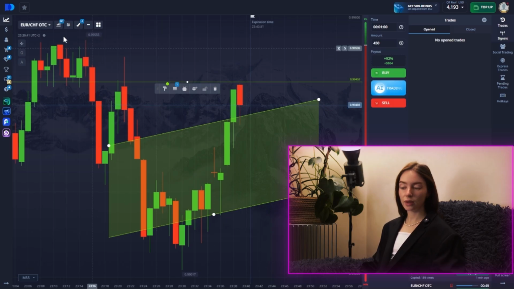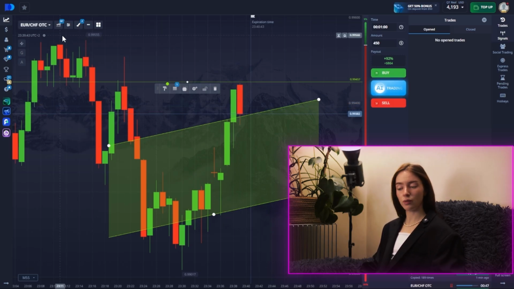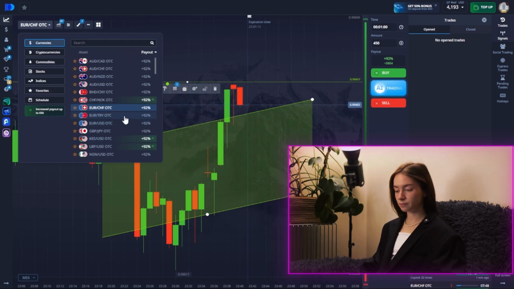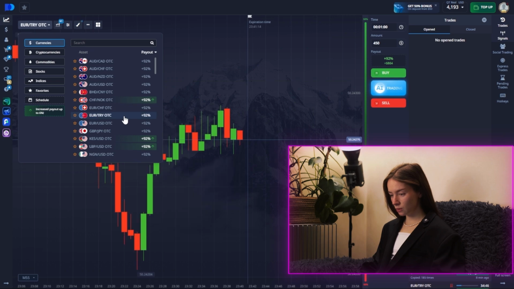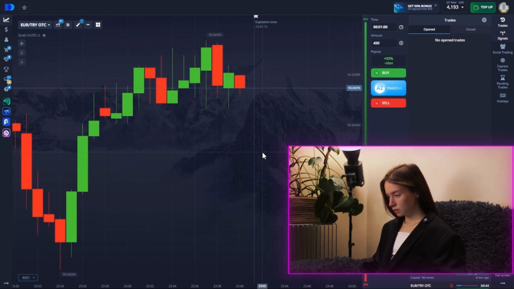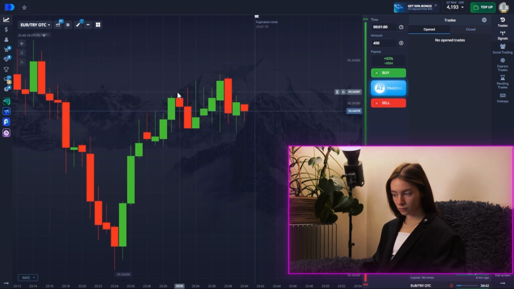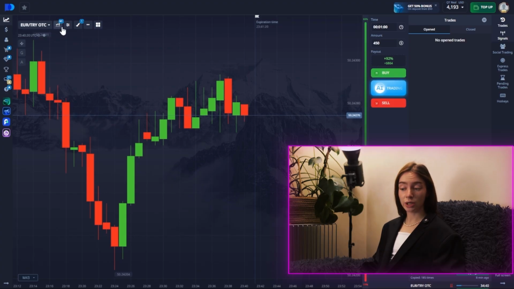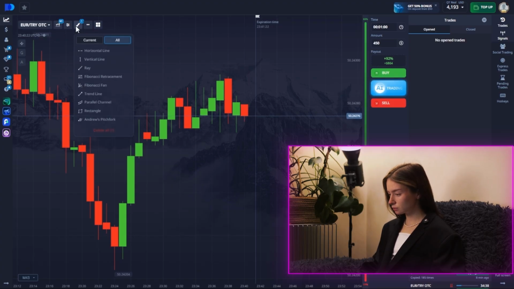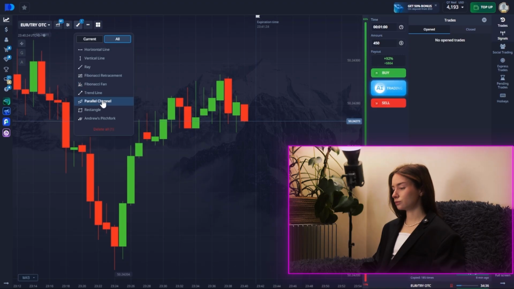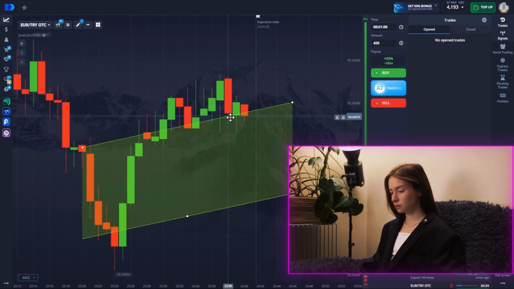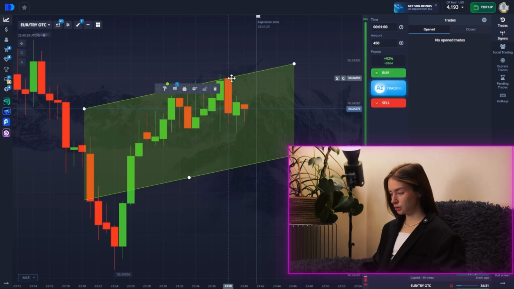Now I think I'll move to another currency pair to consolidate the result and then withdraw the profit. We draw parallel channels. Take this section.